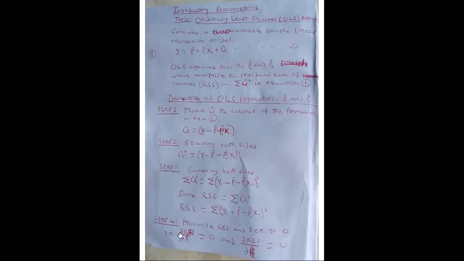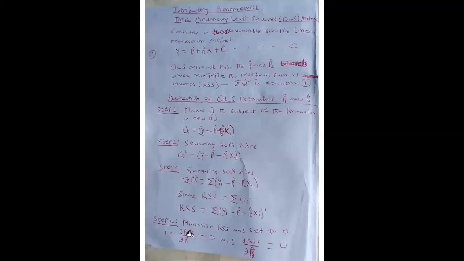That is, we find the partial derivative of RSS with respect to beta 1 hat and set it to 0, and we also find the partial derivative of RSS with respect to beta 2 hat and set it to 0. These represent the first order conditions of the RSS with respect to beta 1 hat and beta 2 hat, each set to 0.